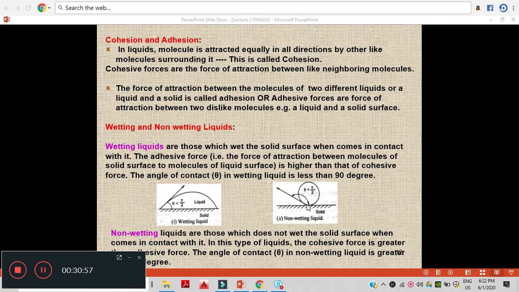It is just touching the surface and staying. The cohesive forces between the molecules are much stronger compared to the adhesive forces, but in the wetting liquid the adhesive forces are much stronger. Because of that, they stick together. So this is the technique to find out whether the liquid is wetting or non-wetting.